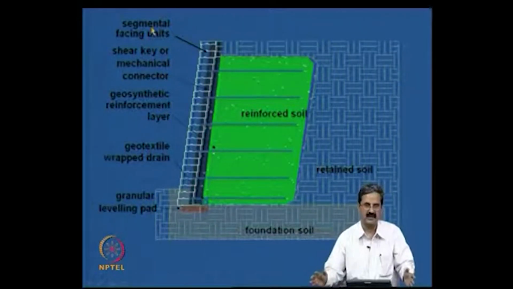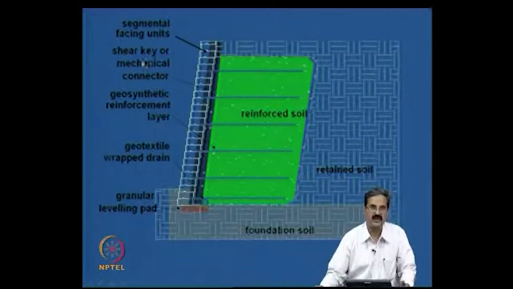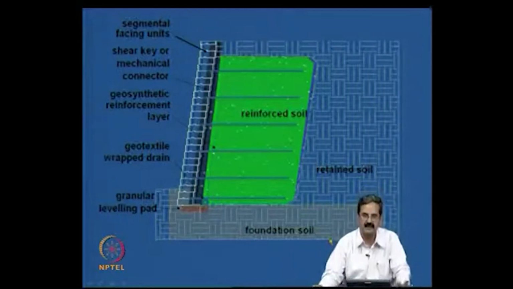It can be full facing or even concrete panels, which is what we see in most of the flyover projects in India. We also have what we call a shear key or a mechanical connector between the two facing elements, and then the geosynthetic reinforcement, and you have a geotextile drain here, and a granular leveling pad and all that. So this is a simple reinforced retaining wall system.